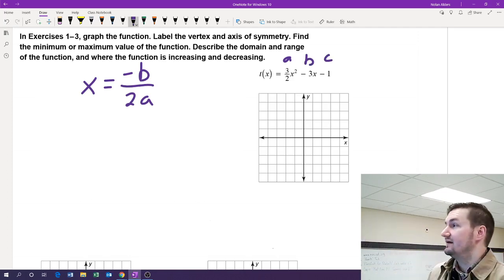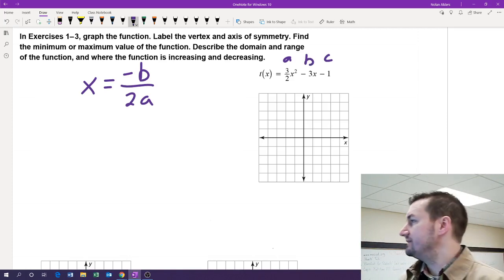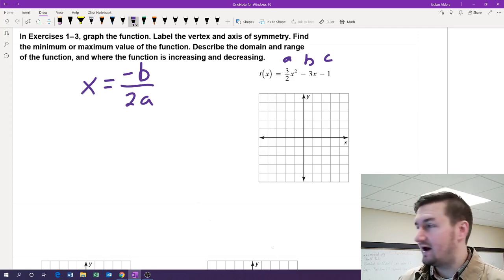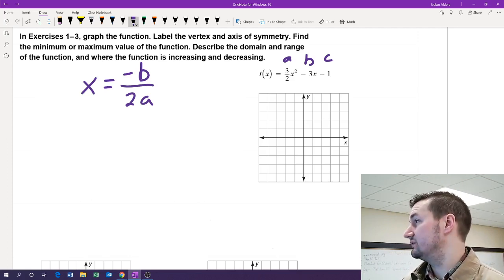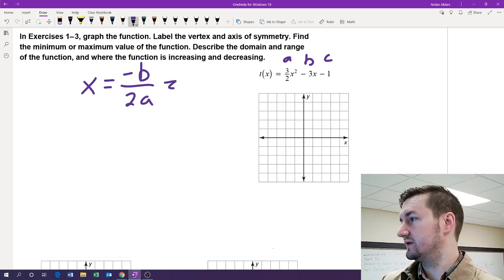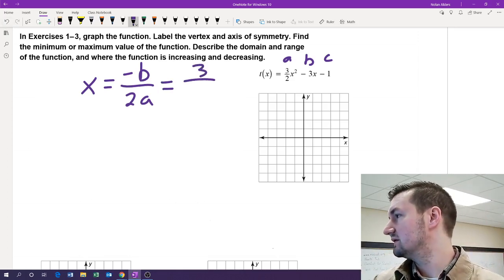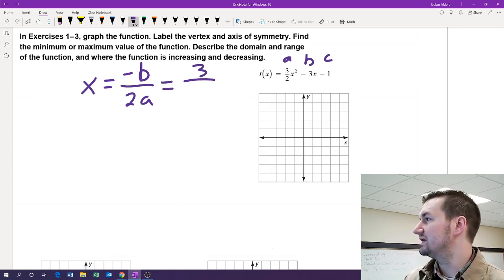All right? So if we want to figure out the x coordinate, it's negative b. Over here we can see b is negative 3, so negative b would be positive 3. So the x coordinate is going to be positive 3 over 2 times a.